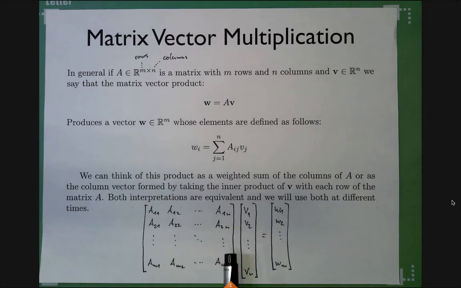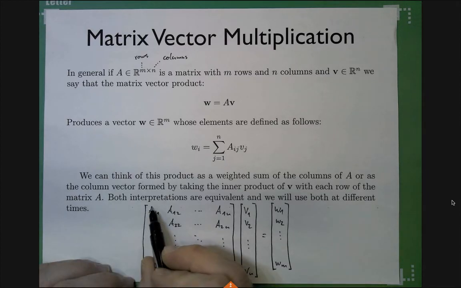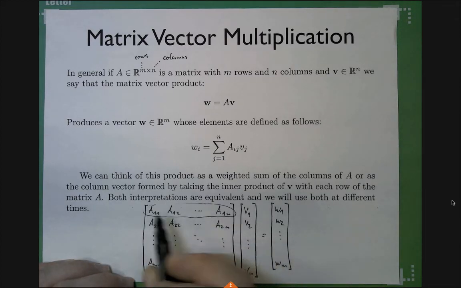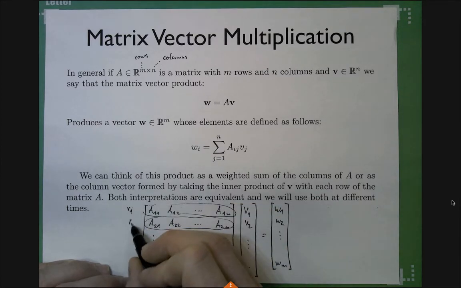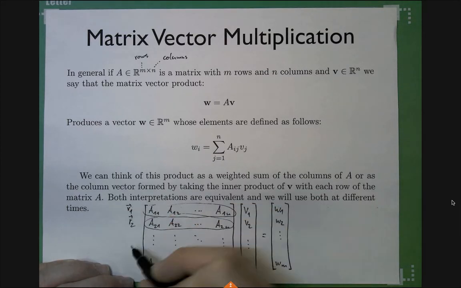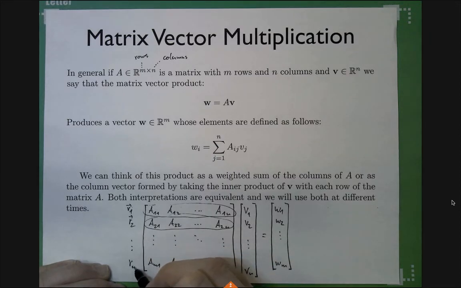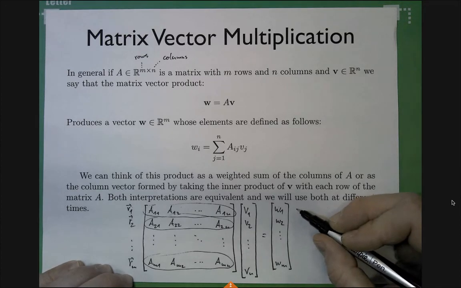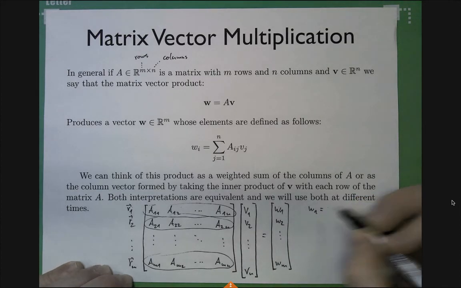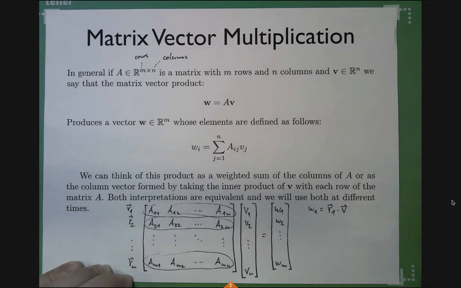So one way you can look at this is if I denote the first row of the matrix as R1, the second row would be R2. Those would be like row vectors up to Rm. That will be the last row vector. So one way you can look at it is that W1 is the dot product between R1 and V, right?